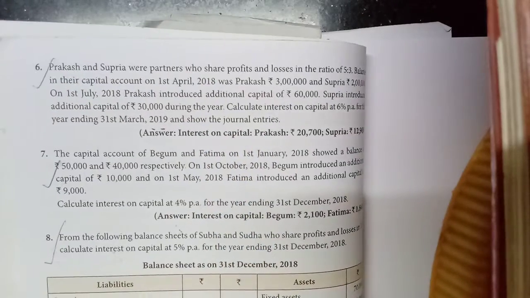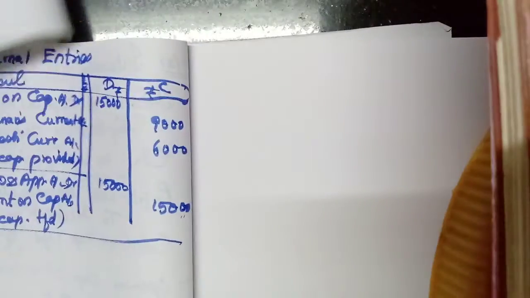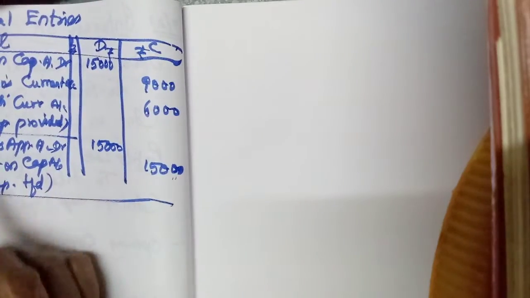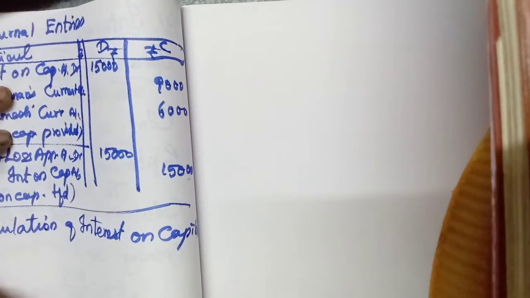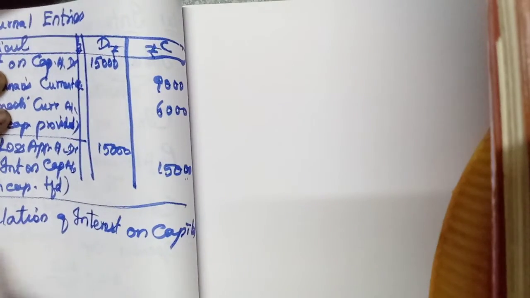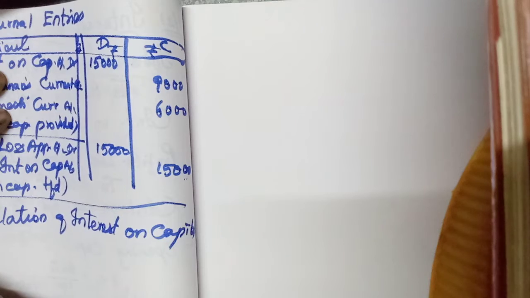First, we have to write the calculation of interest on capital. First we will write the number 6. Calculation of interest on capital. Here 2 capitals, opening capital and additional capital. First, who is the partner?